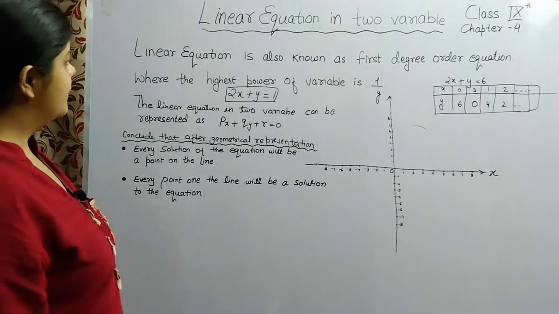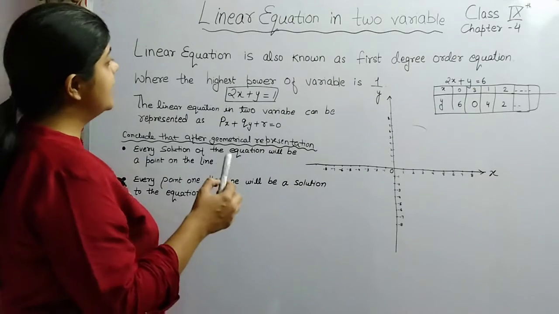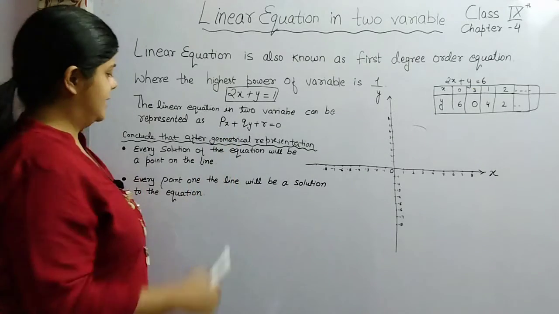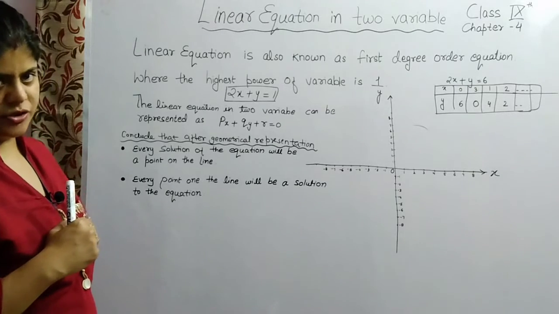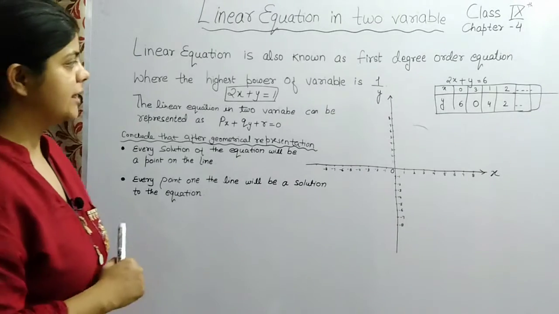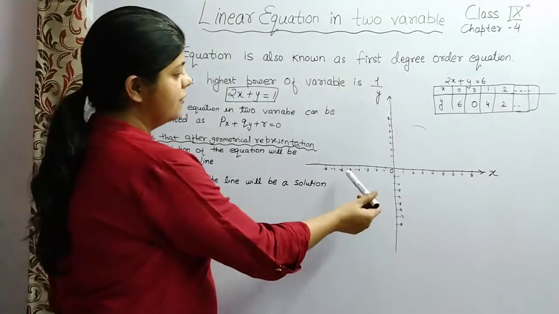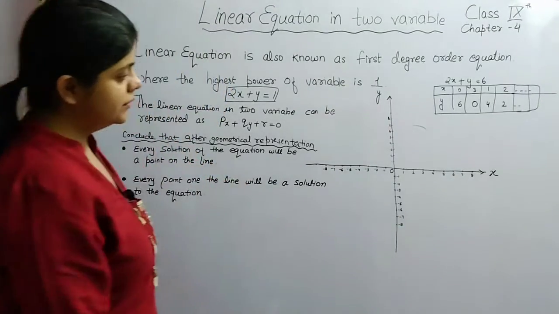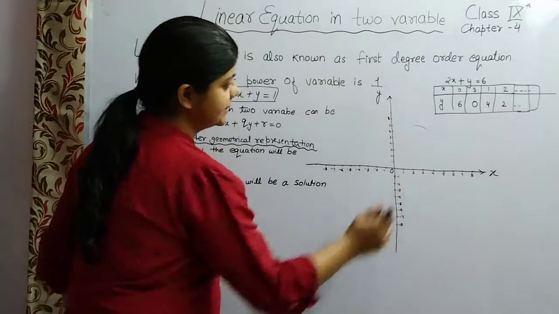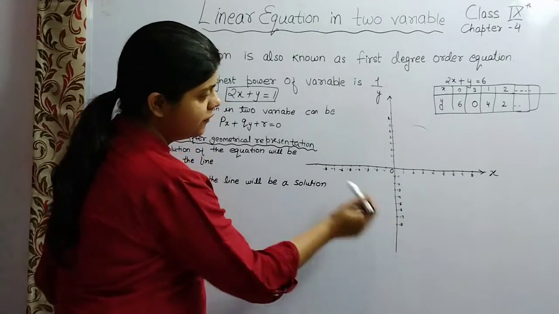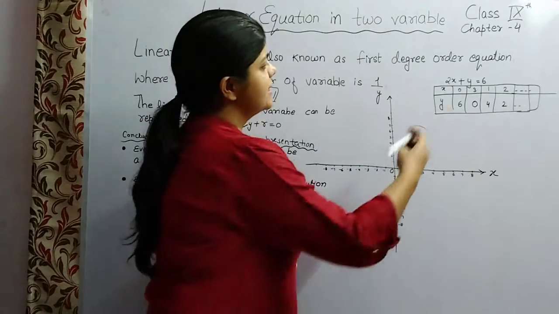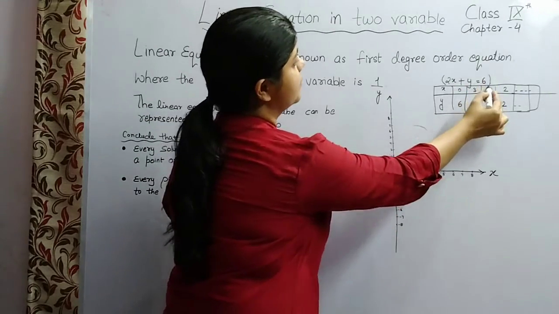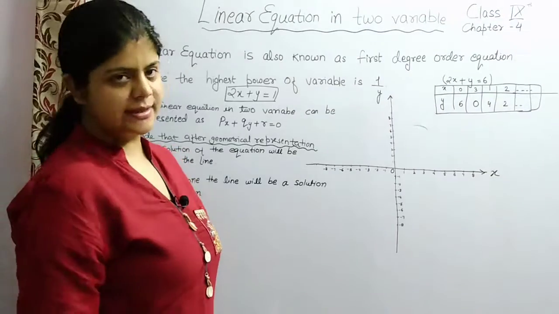Now we see further. We will represent the geometrical representation of linear equation in two variables. We have made this graph here. This is called x-axis and this one we call y-axis. Let's satisfy this equation: 2x plus y is equal to 6.